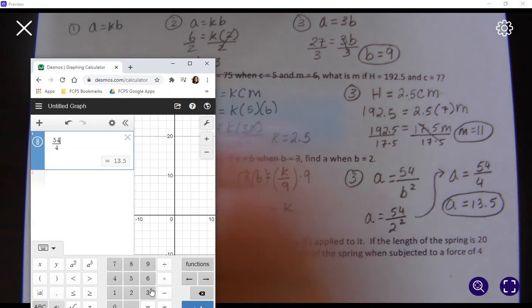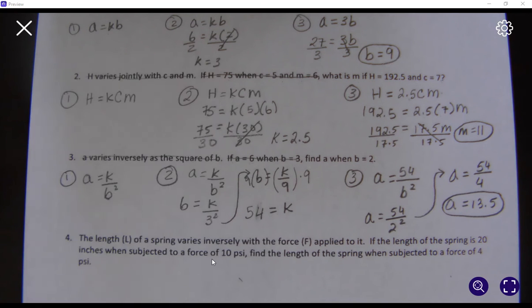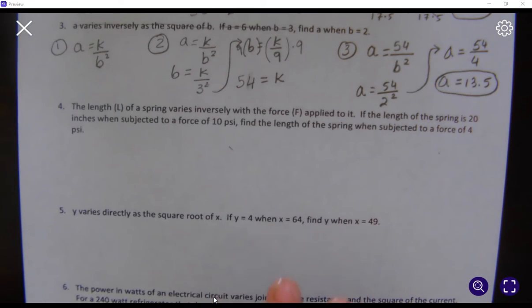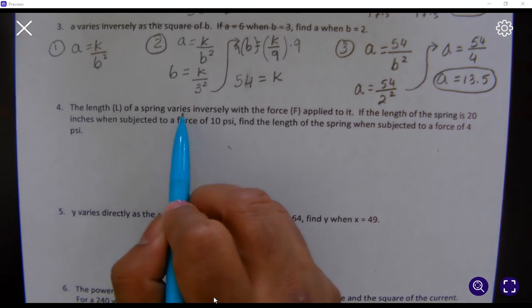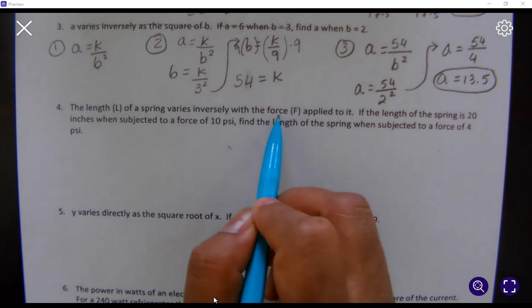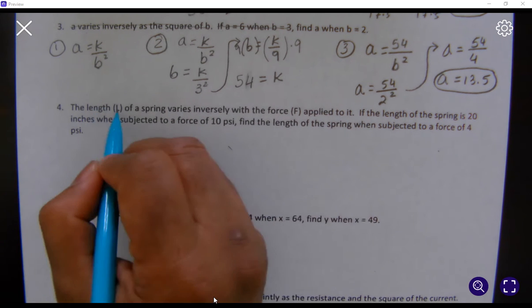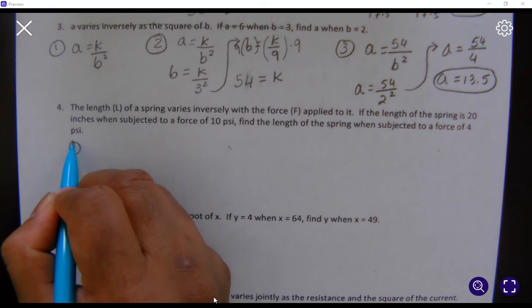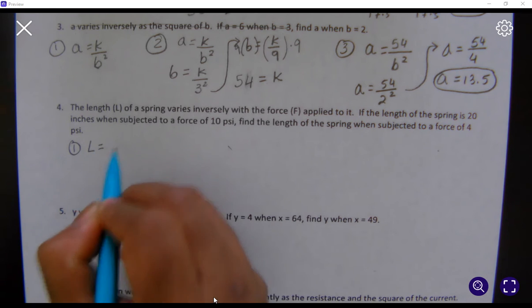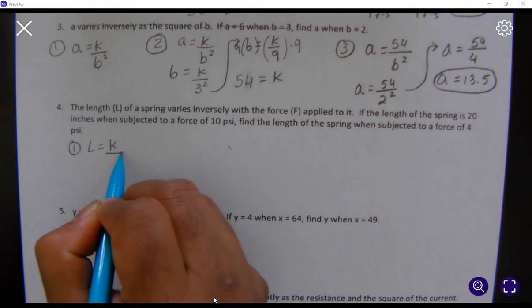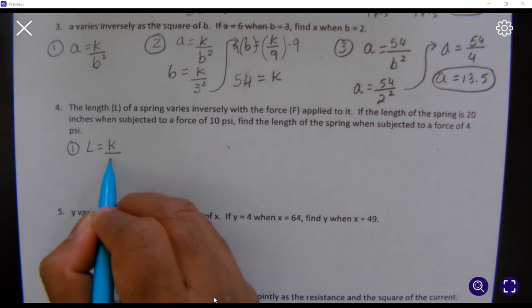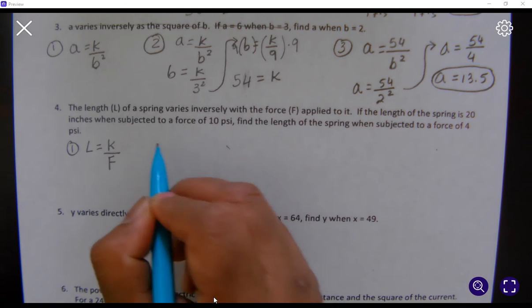Okay, I'm going to go through these next 3 examples with you. Number 4, it says here, the length of a spring varies inversely with the force applied to it. So my length, there's my first step, my length varies inversely with the force.